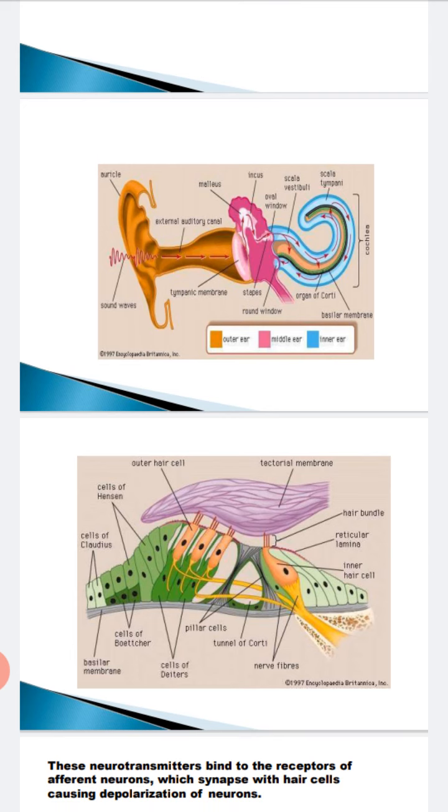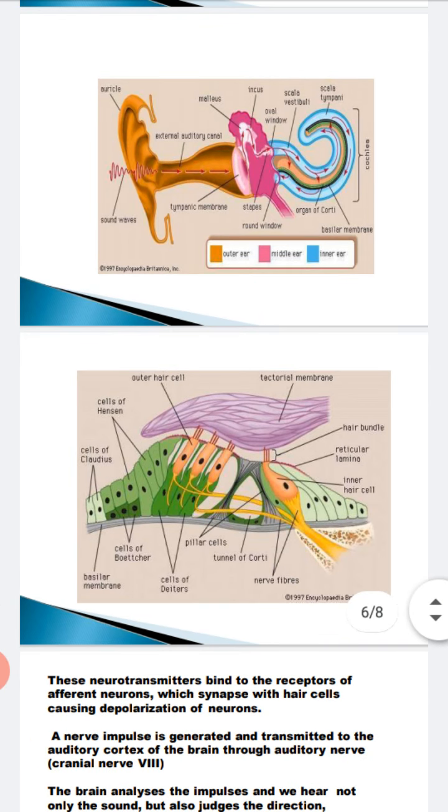So mainly what is happening here, in the scala media, scala vestibuli and scala tympani, is that when air waves come from the external to the middle ear, in the middle ear the ossicles amplify the sound.